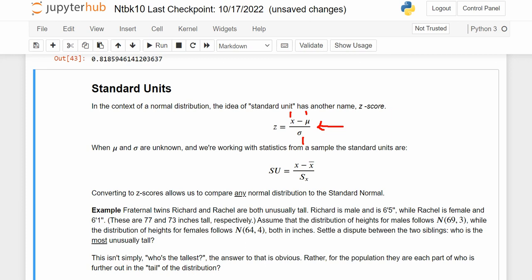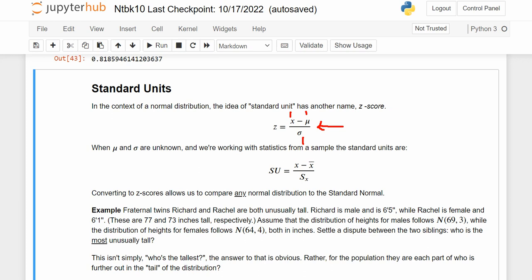It tells us the distance away from the mean in standard deviations. So if your score is 1.5 standard deviations above the mean, you're going to get a positive 1.5. If you're 2 standard deviations below the mean, your z-score is going to be -2. So positive z-scores are for scores that are above average. Negative z-scores indicate scores that are below average.